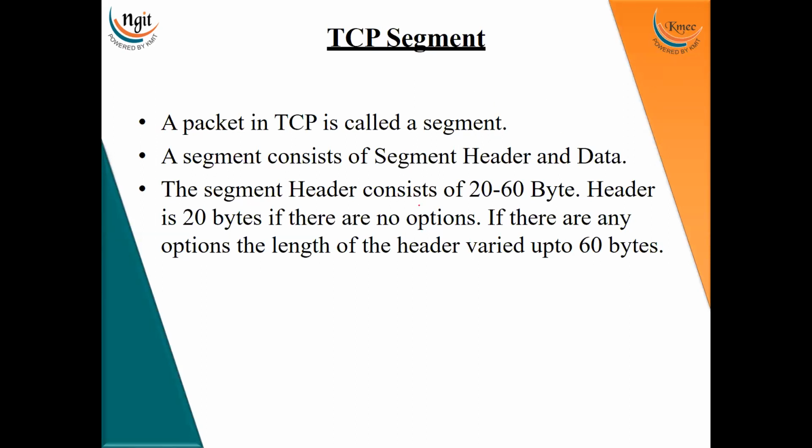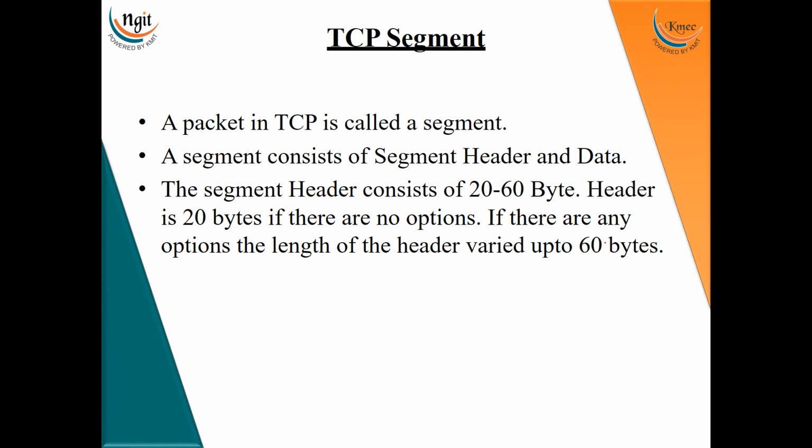For each and every packet, the complete data is going to be stored in each and every packet. Now a segment consists of a segment header and data. The segment header consists of 20 to 60 bytes. The header is 20 bytes if there are no options.